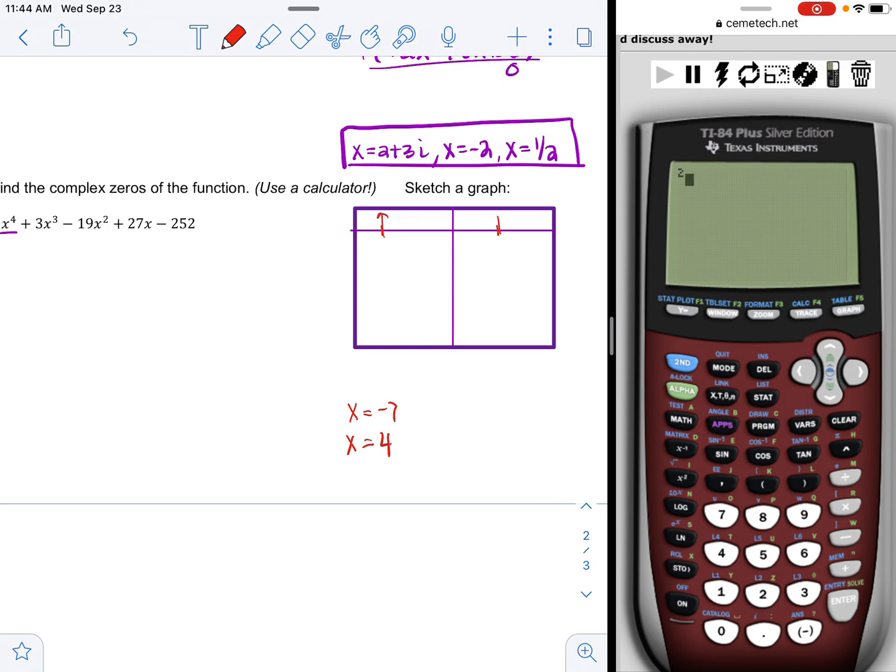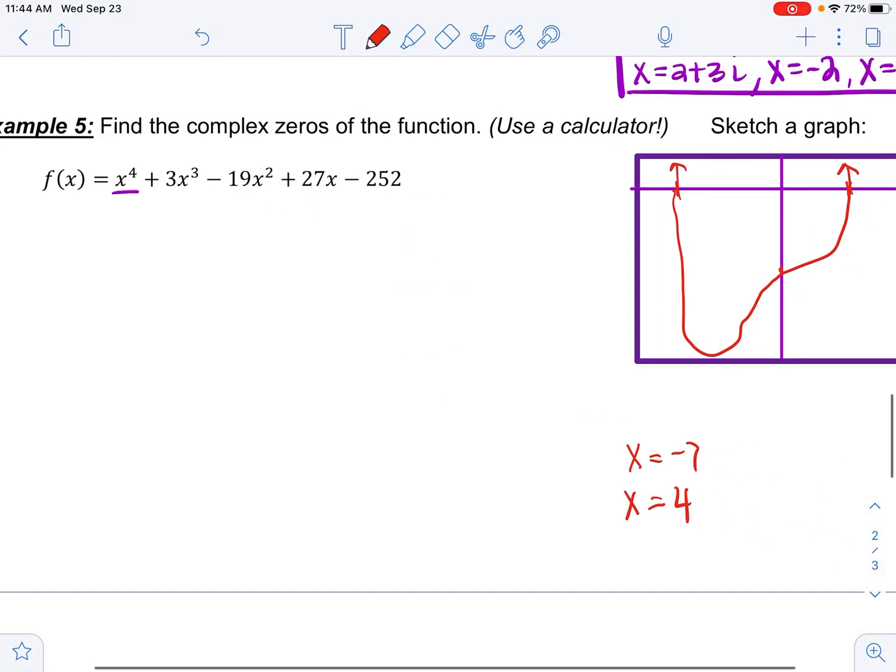I can tell by looking at it because of the tick marks. And then it keeps going through that forever, and it keeps going through that forever. And then it dips, comes in, hits at like -252. So it goes like this, and there. Beautiful, right?